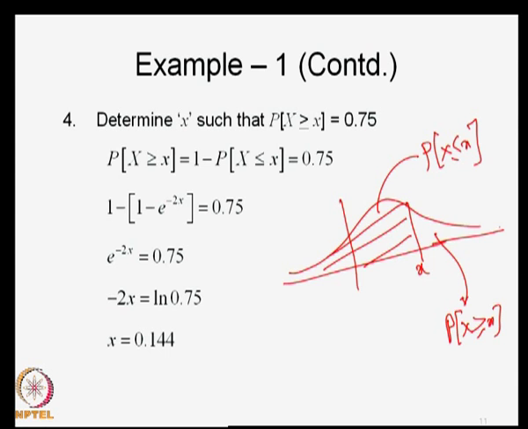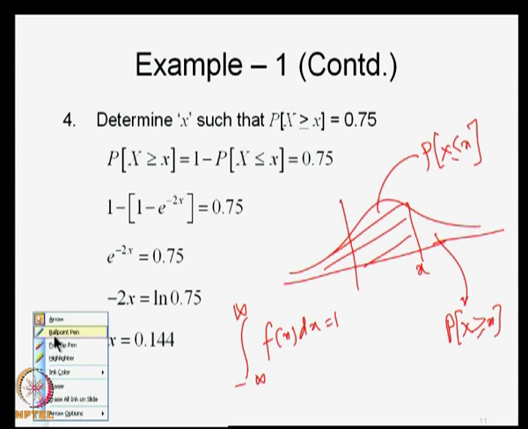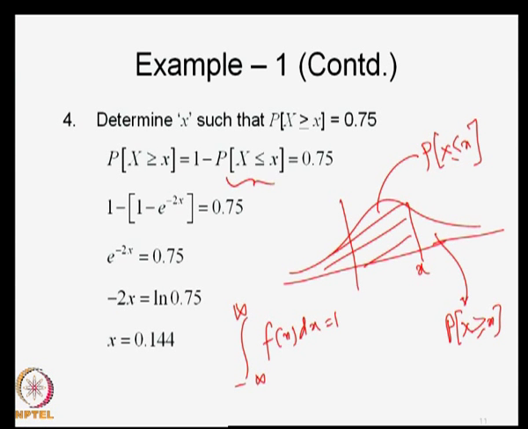And the total area is 1, because the integral from minus infinity to plus infinity of f of x dx is equal to 1, and therefore, the total area of the PDF is 1, and therefore, we write the probability of X being greater than or equal to x as equal to 1, which is the total area, minus the probability of X being less than or equal to x. And the probability of X being less than or equal to x is nothing but F of x.